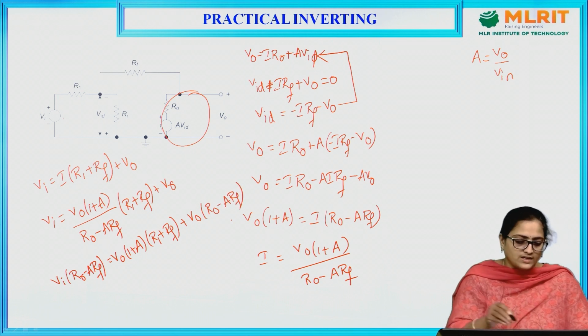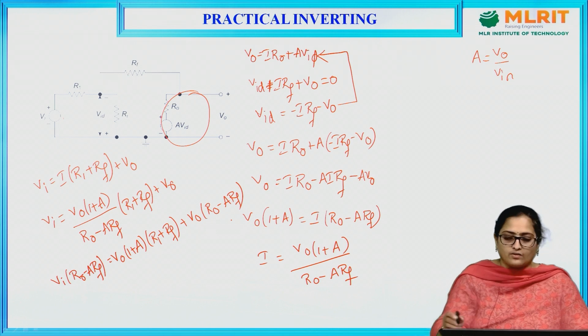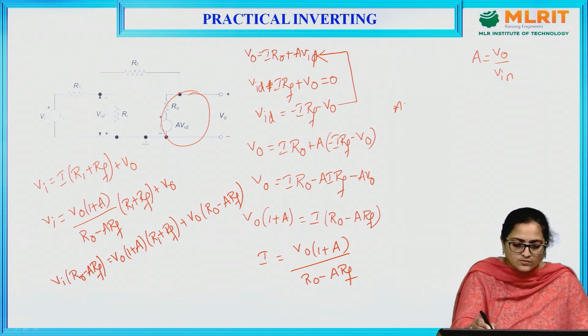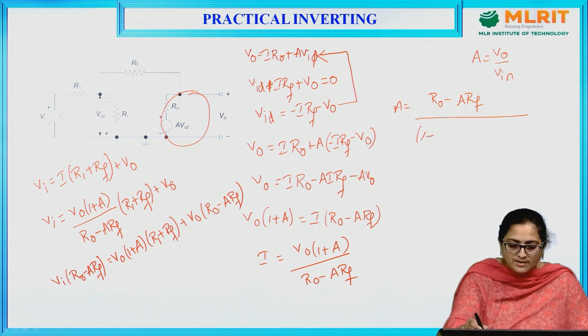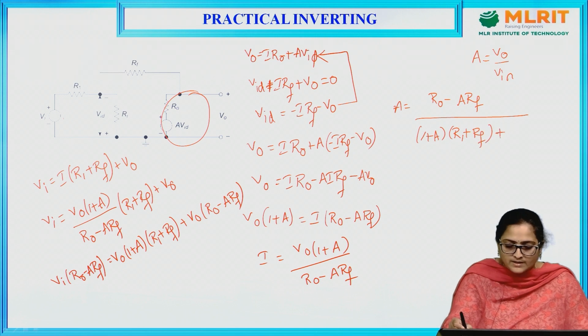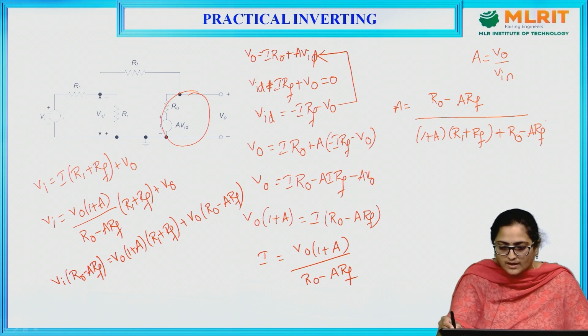So, the gain is V0 by Vin. You can rewrite this expression, gain as V0 by Vin as (R0 minus A into RF) divided by (1 plus A) into (R1 plus RF) plus (R0 minus A into RF).